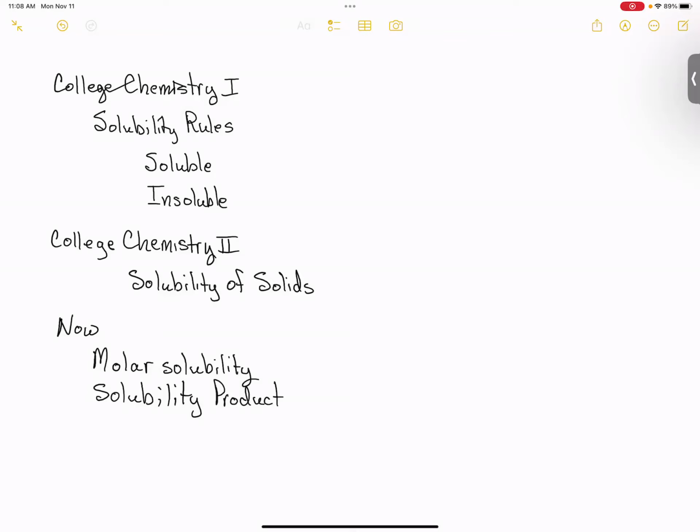Now, these two things are different. KSP will never change at a specific temperature. The only way to alter the equilibrium constant is to alter the temperature. But the molar solubility can change depending upon the environment that the solid is dissolved in.